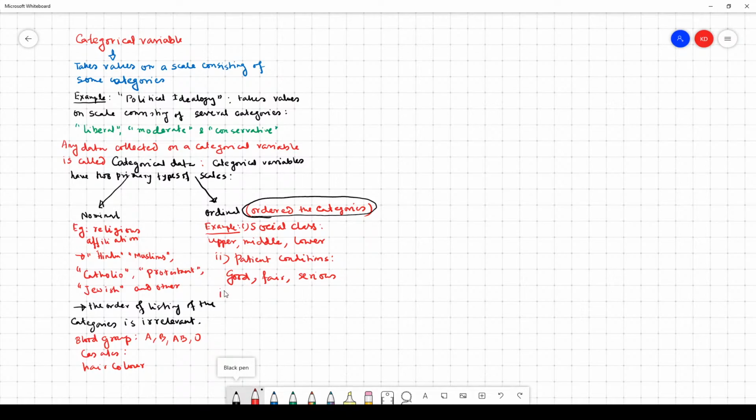Education categories are 10, 10 plus 2, UG, PG, PhD, etc. Very good.